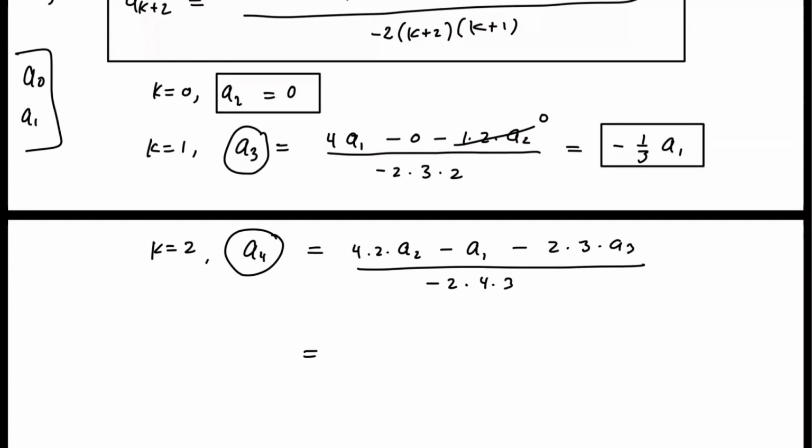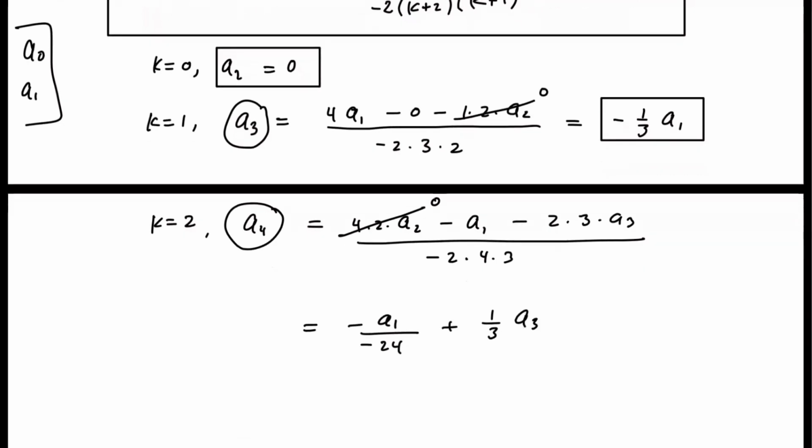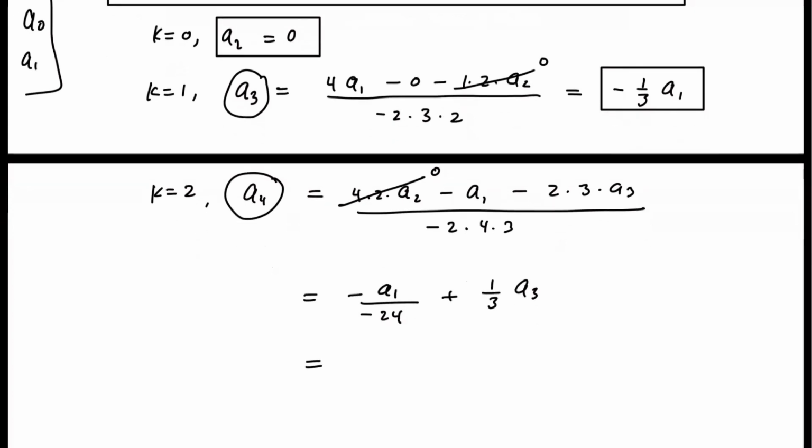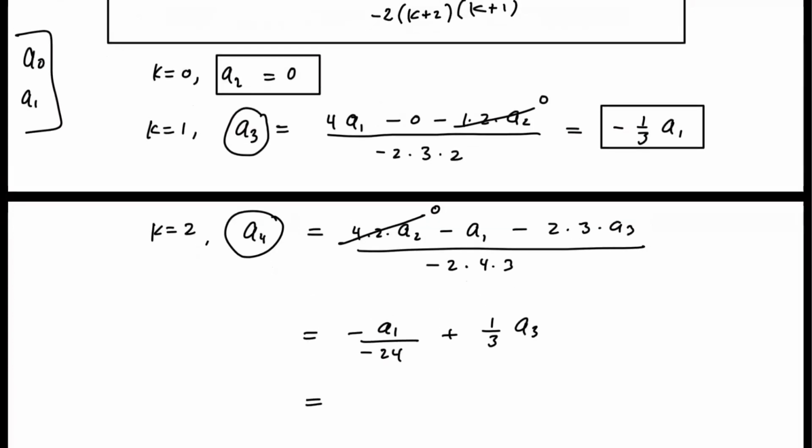we know this is also 0. So this is going to give us negative a sub 1 over negative 24 plus 1 over 3 a sub 3. Simplifying a little further, we can replace a sub 3, since we know a sub 3 is this value.